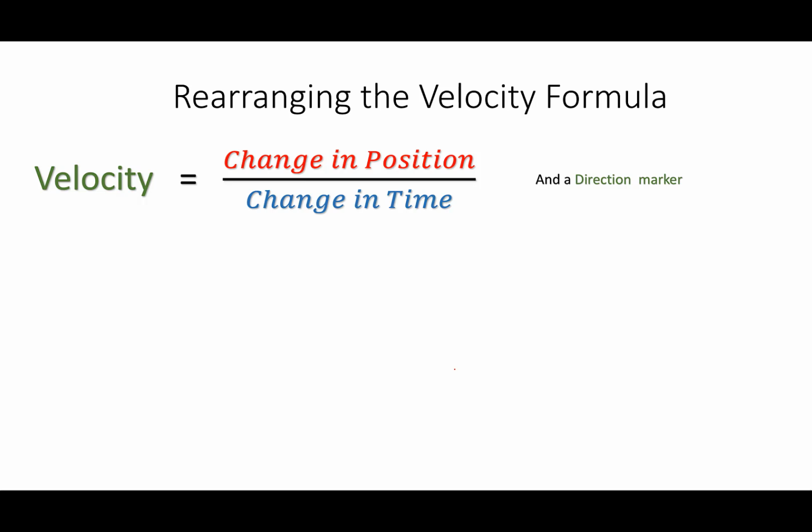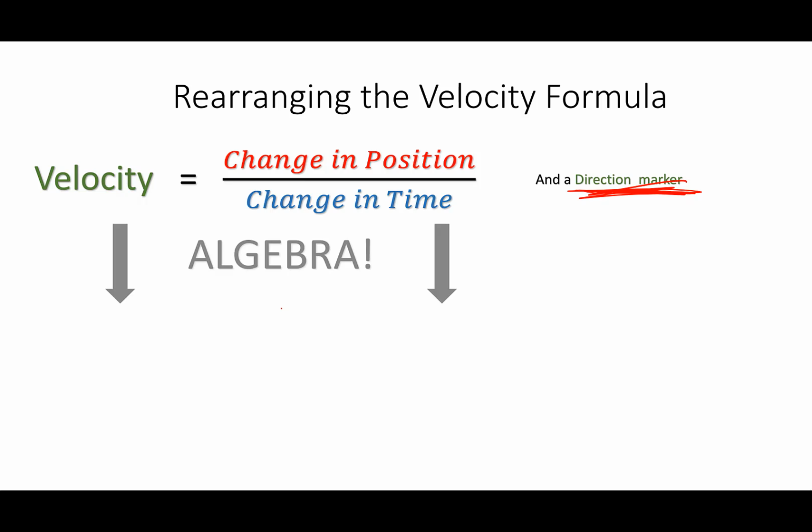Let's rearrange the velocity formula to find something that makes sense with this. Velocity is the change in position over the change in time, and the direction marker. Don't forget about it. So doing some algebra, if you want to get change in time alone, you want to isolate it, you act like it's a variable on the bottom of a fraction. So you have like x equals y over z.